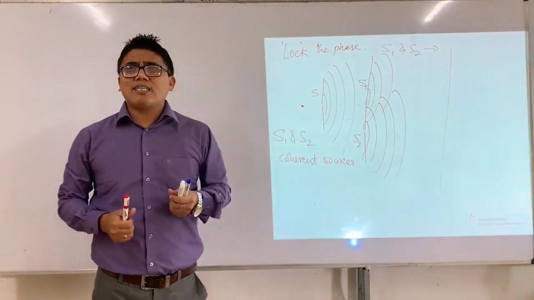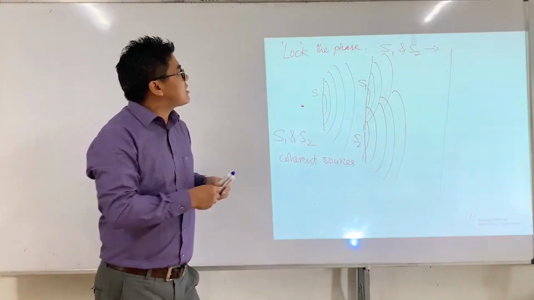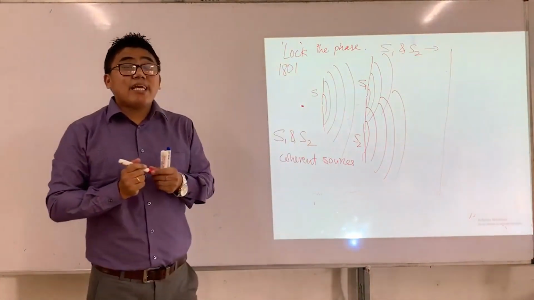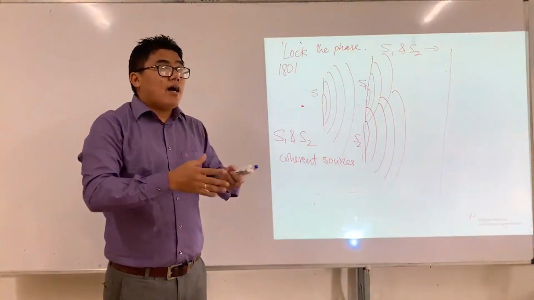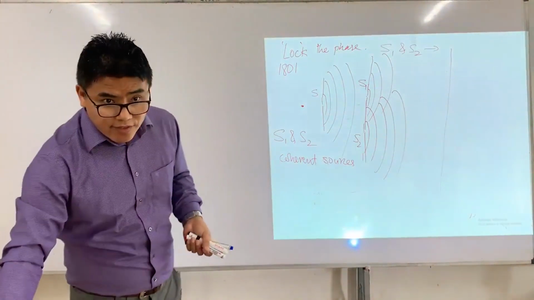This is what we call Young's double slit experiment. This experiment was performed in the year 1801, and it helped us to know that light has wave nature.